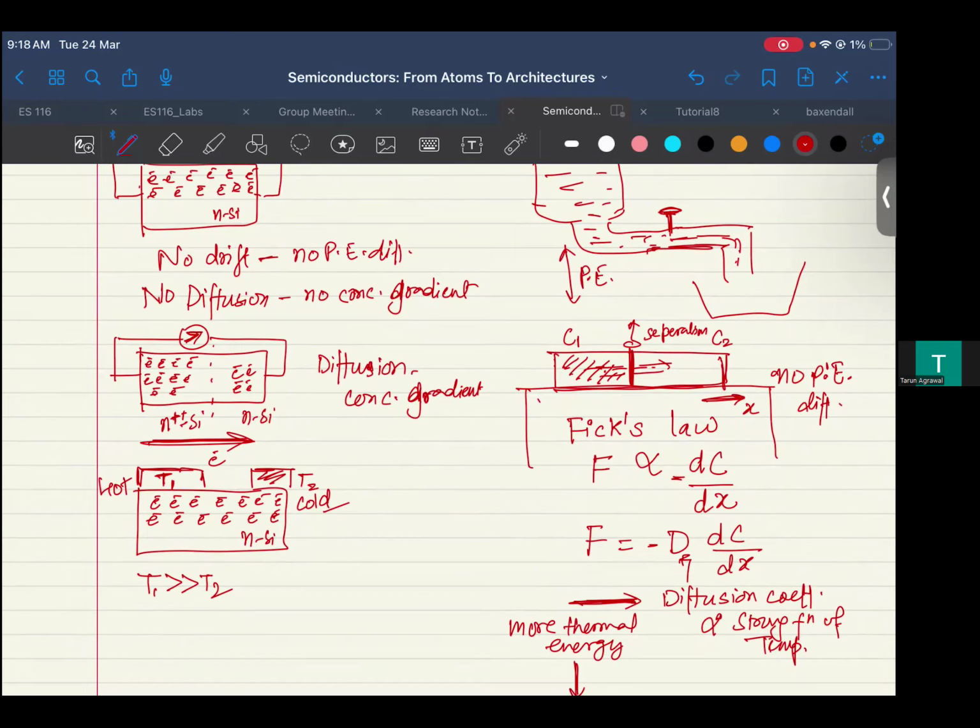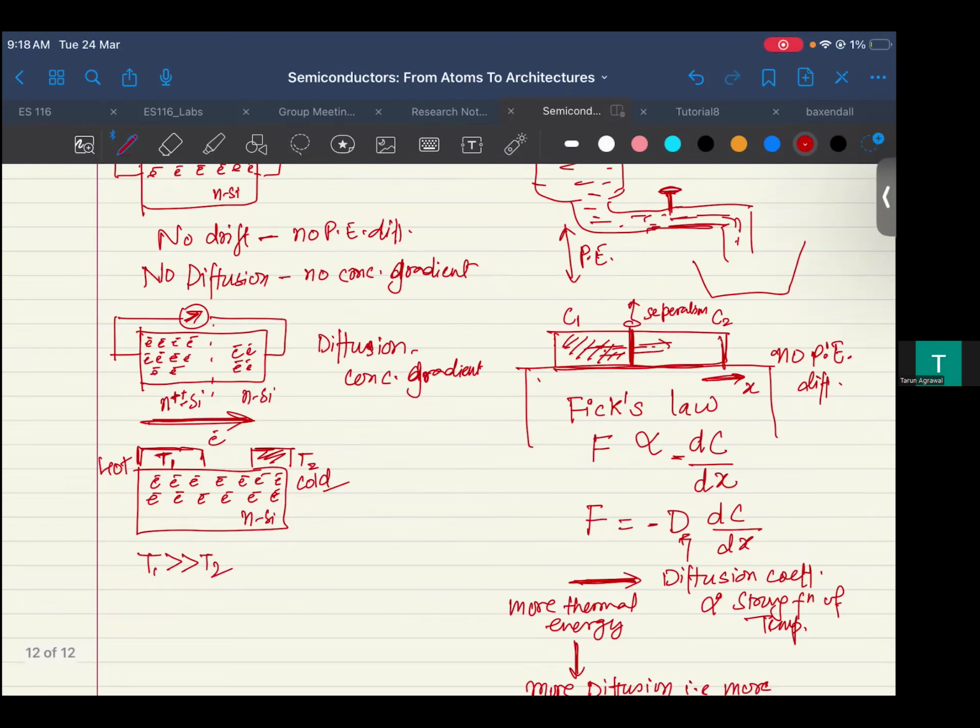So now because of this, what is going to happen? Is there any change in the concentration of the electron? If you remember, what is the key about the semiconductor? That the N or P strongly depends on your T, right?